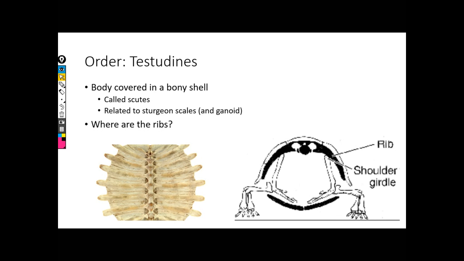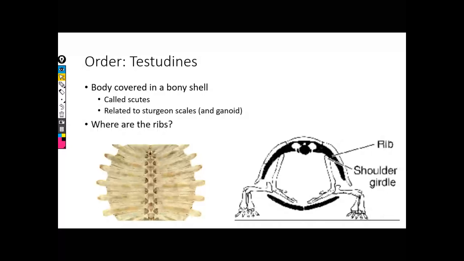Well, of course, the first thing is that it's made out of a different type of scale. We know that reptiles are covered in scales, but the shell is made altogether of something much harder. That's what makes turtles special. We call these scutes, and they're very much related to those hardcore fish scales we looked at many moons ago, those ganoid scales, the ones that we saw on things like gars and sturgeons.